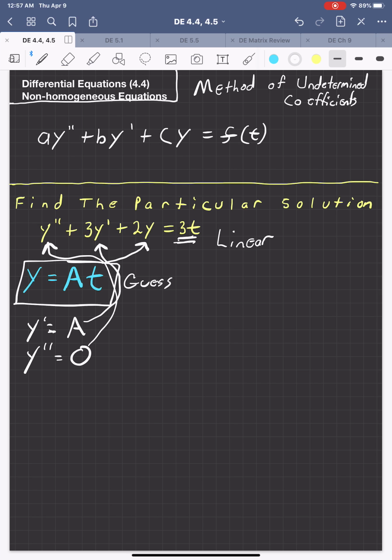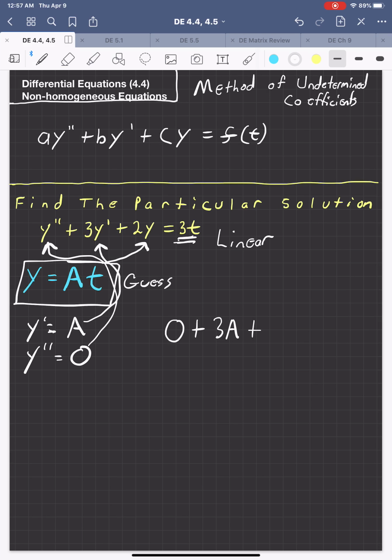So that would be 0 plus 3 times y prime, so that would be 3a, plus 2 times y, so that would be 2 times a times t.